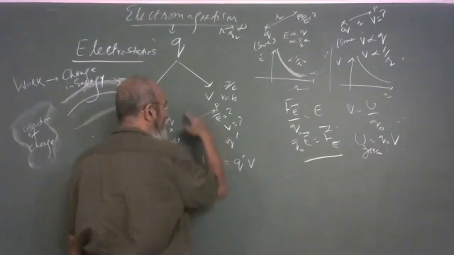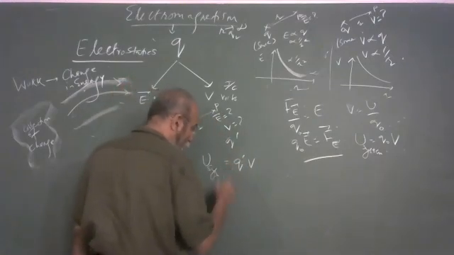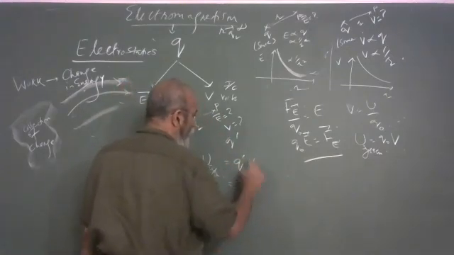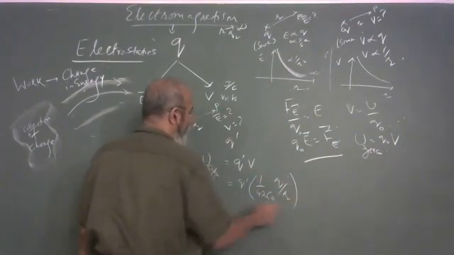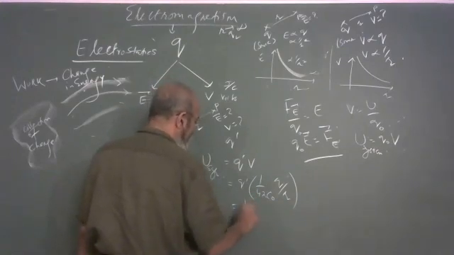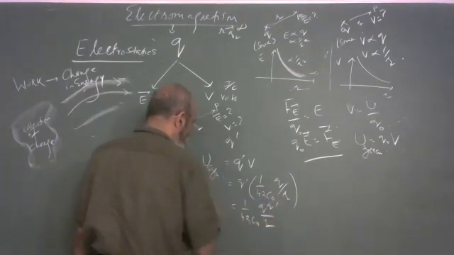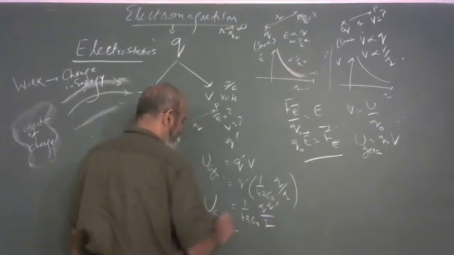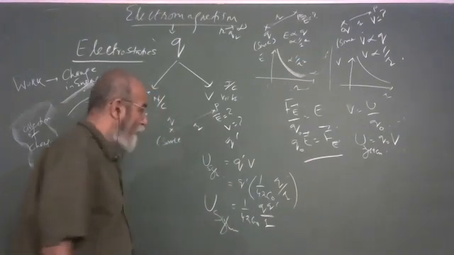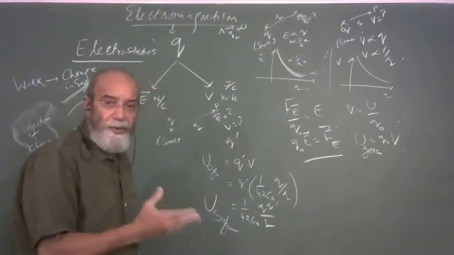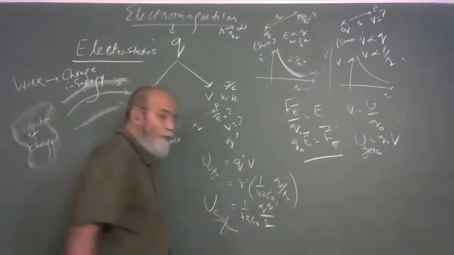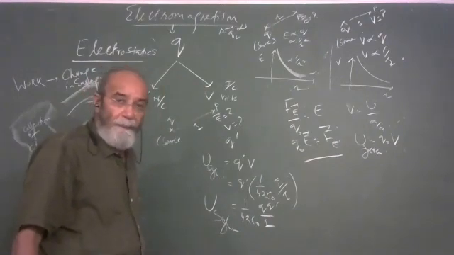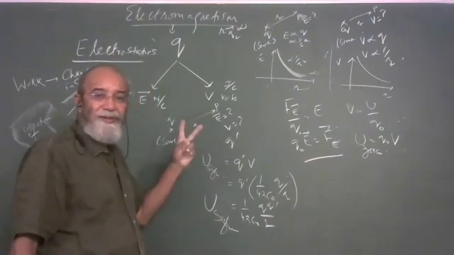Look at the formulation: Q dash times 1 upon 4 pi epsilon naught Q upon R. Oh, it is the system of two charges, Q dash and Q, at distance R. This U is of a system, the potential energy of the system of two charges.